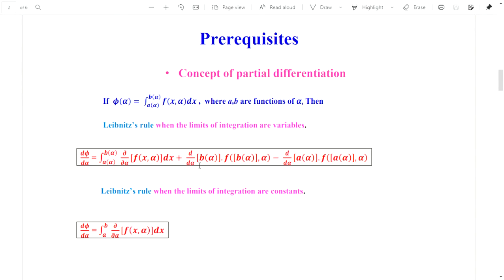So d by d alpha of a constant becomes 0, so this complete term becomes 0, and d by d alpha of a is a constant, so this term also becomes 0. Hence the above formula reduces to this form. In this session, we are going to discuss how to apply Leibniz rule for the problems which involve constant limits. So in all the problems, we will be applying this formula.